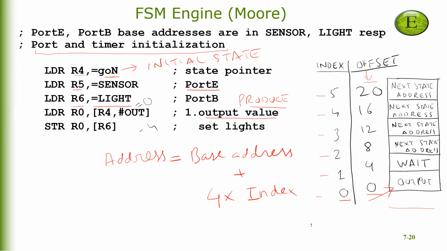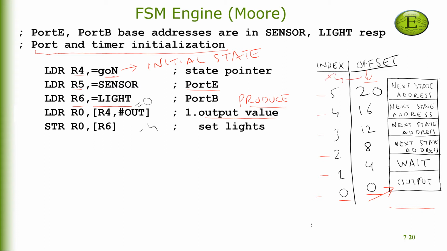So base address of the state array, in this case, the base address of GoN. So this is how the address is going to be computed. So therefore there is a one-to-one correspondence between the index and the offset. Essentially, if you multiply index by 4, you get the offset address.